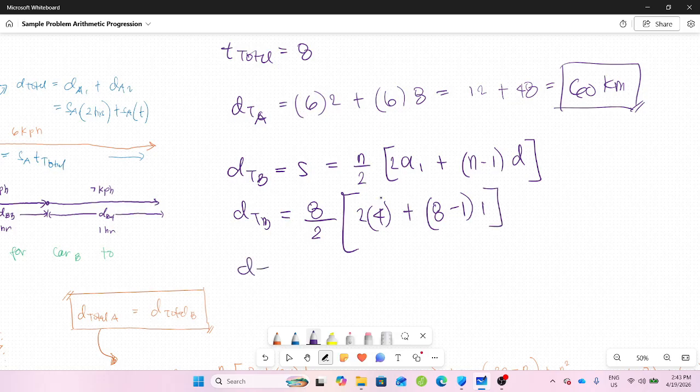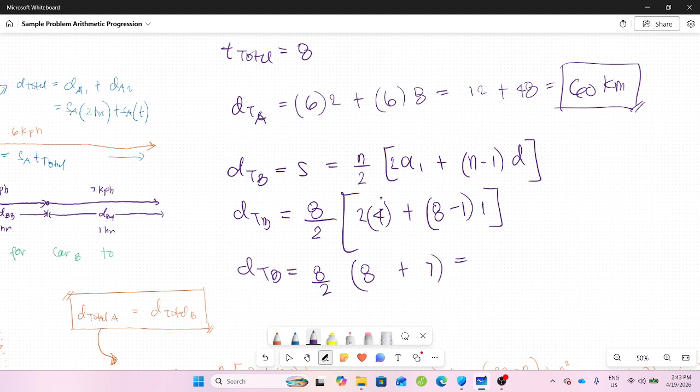So we have 8 over 2, and this is 7 times 1, which is just 7.